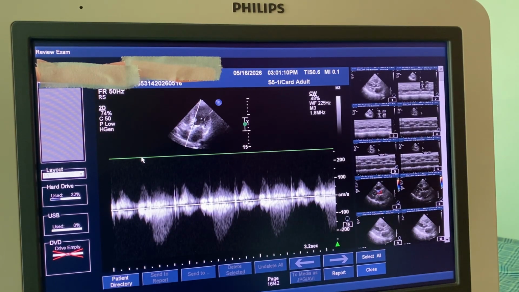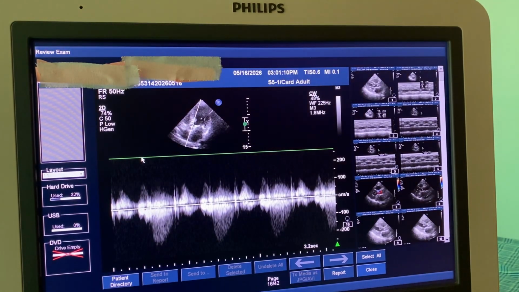Grading the aortic valve stenosis severity, we are looking at very many components. We are looking at velocities. We're going to look at maximum velocity, for grading the severity of AS, aortic stenosis. What we need to do, we take velocities.